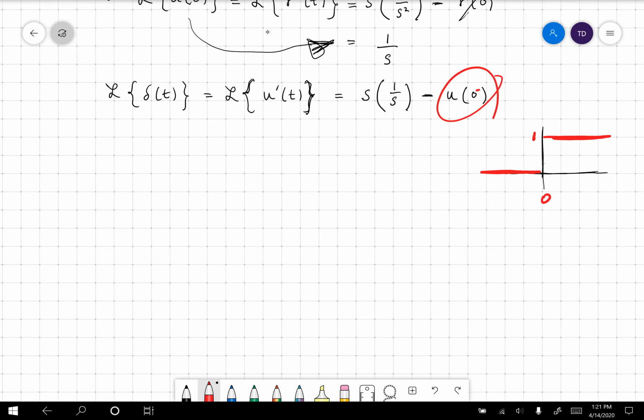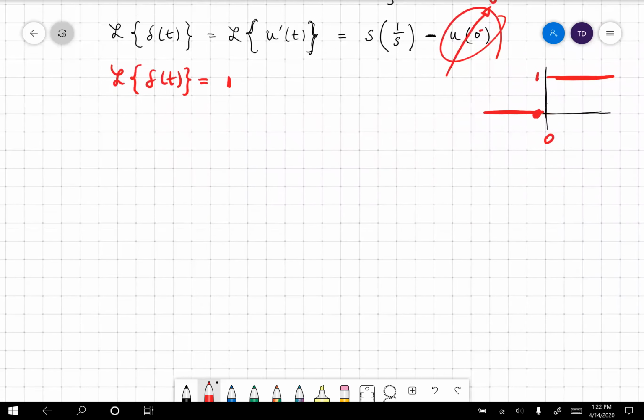What's the value of u at 0 minus? Zero minus is somewhere right over here, and the value of that function is 0. So this tells us that the Laplace transform of delta of t is equal to s times 1 over s, which is equal to 1, which we have already computed. So we already knew that.